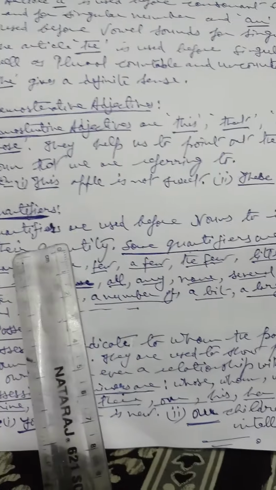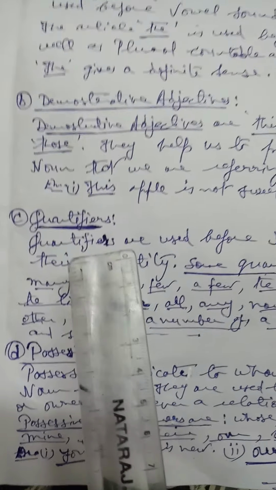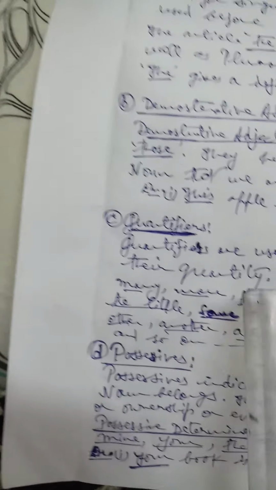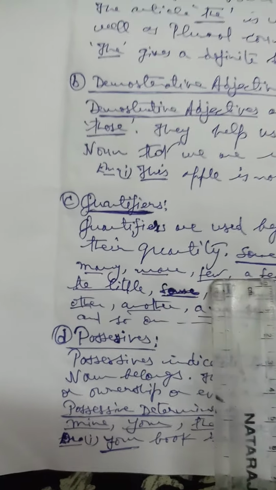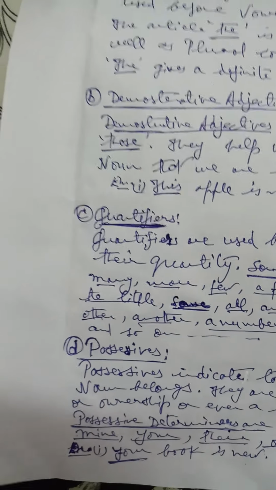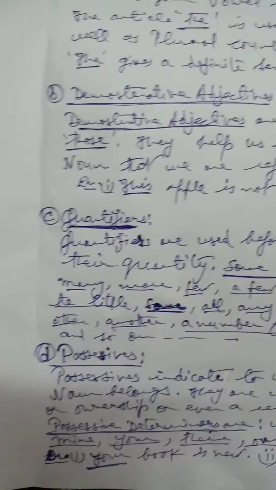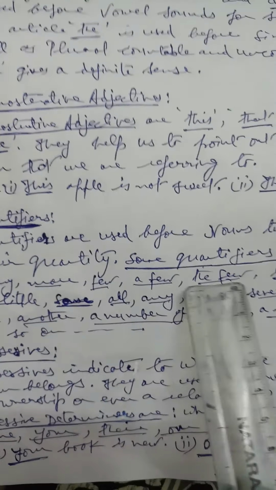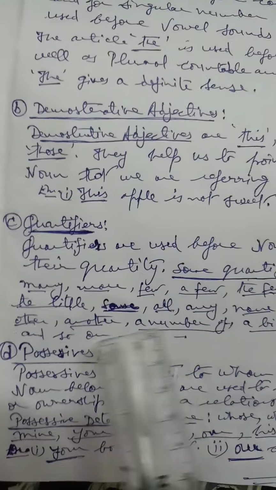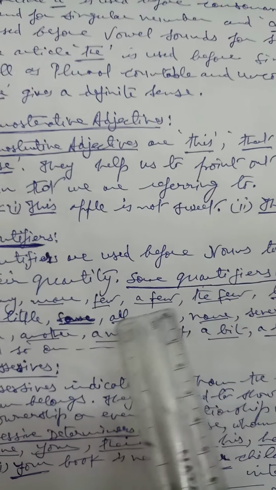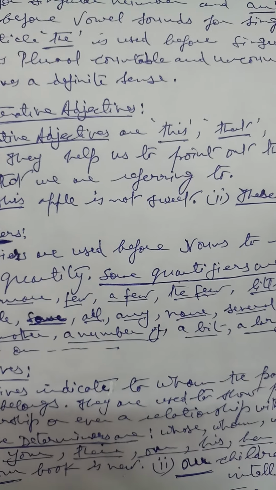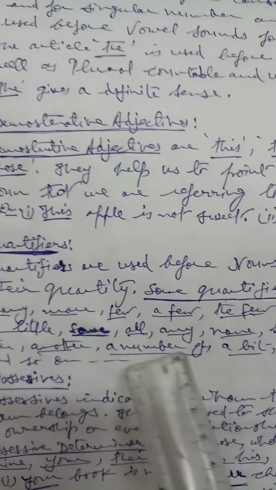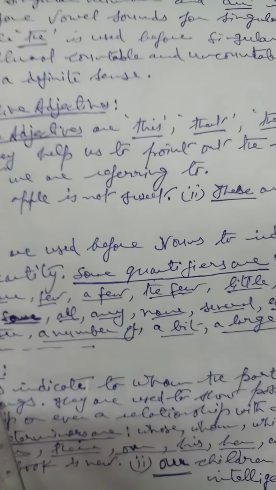Now, third type, quantifiers. Quantifiers are used before nouns to indicate their quantity, the quantity of the noun. Some quantifiers are, for example, I have put here much, many, more, few, a few, the few, little, a little, the little, some, all, any, none, several, each, every, other, another, a number of, a bit, a large amount, and so on.